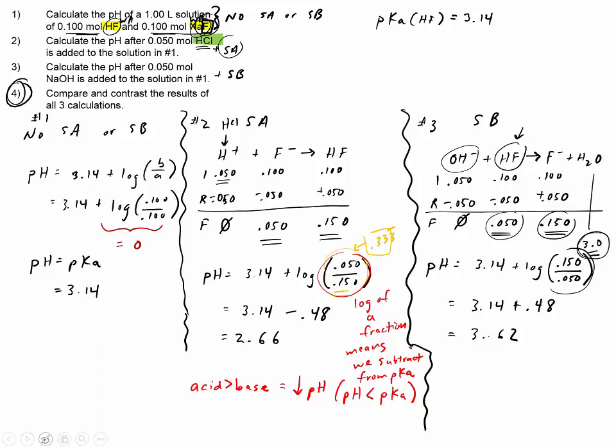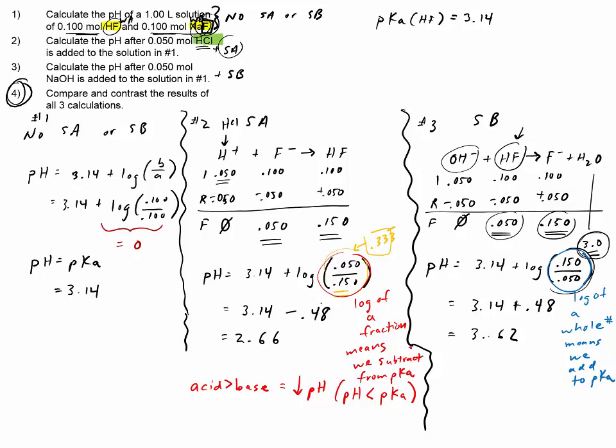Now let's take a look at the reaction with the base. So this time we took the log of a whole number. So log of a whole number means we added to the pKa.